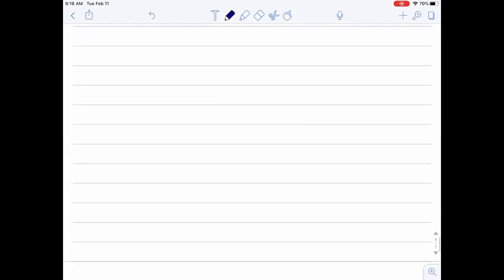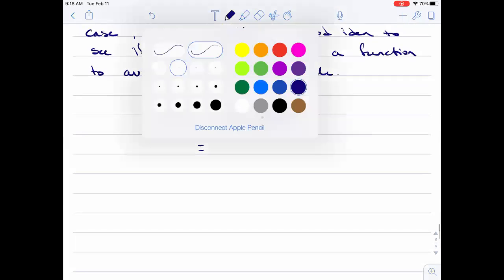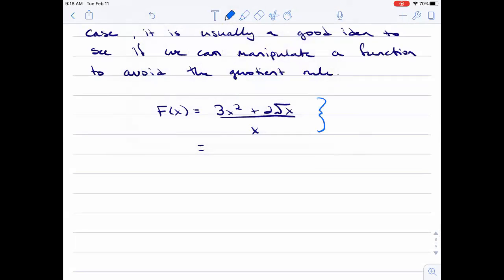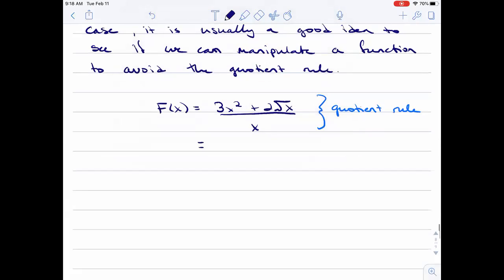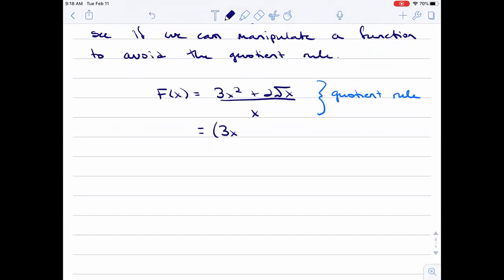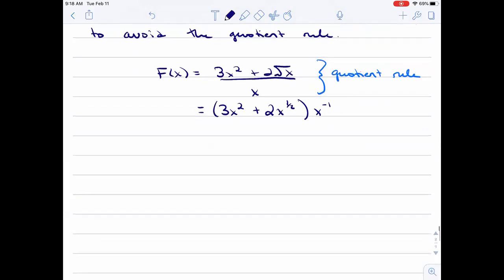So here, we would have to use the quotient rule if we just went ahead and differentiated that as it is. But what we can do is write 3x squared plus 2x to the 1/2 times x to the -1, right? That's why we need to be good with our exponents here, so that we can rewrite things.